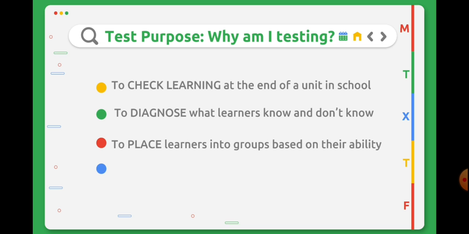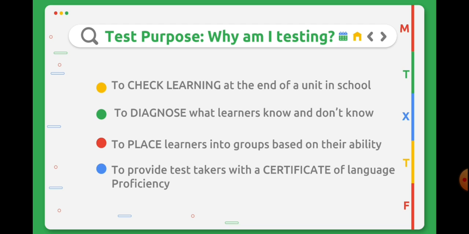Or another purpose, to place learners into groups based on their ability. Or maybe to provide test takers with a certificate of language proficiency. Clearly, the different test purpose could result in different kinds of tests.